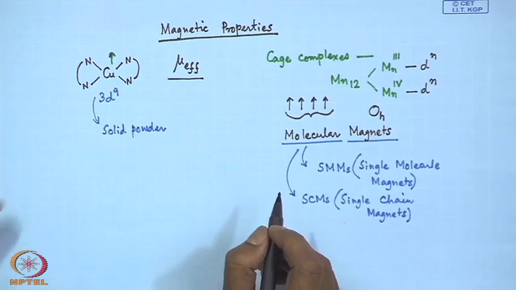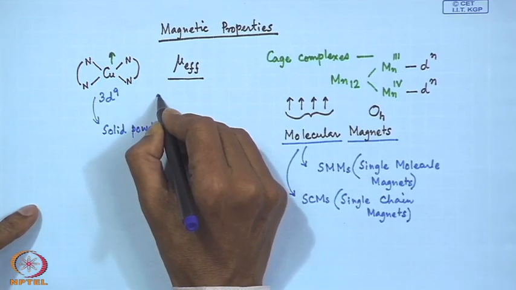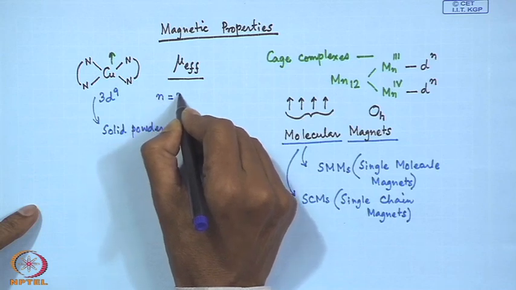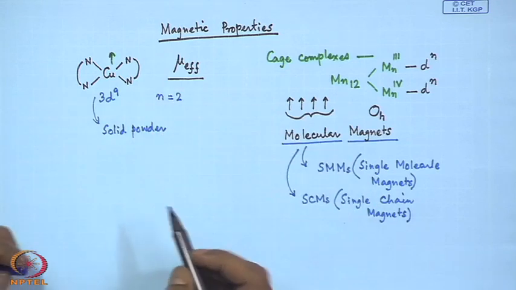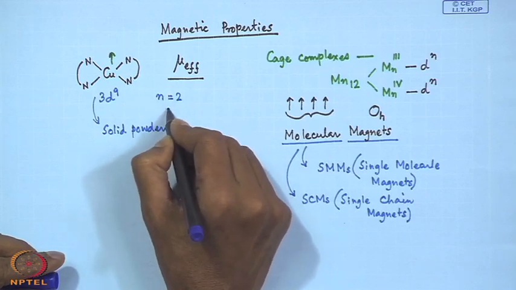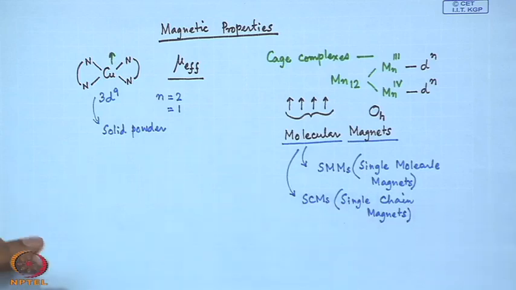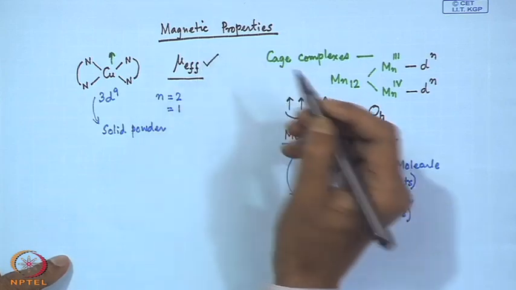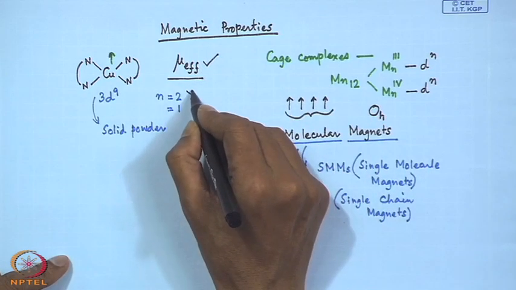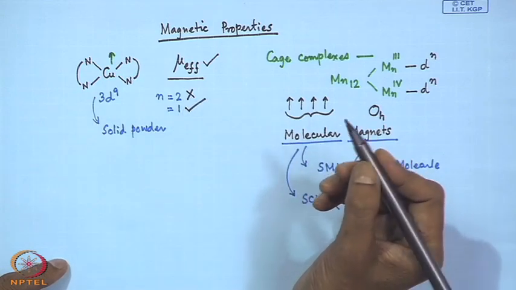So, using the solid powdered compound we can determine the corresponding magnetic moment, where we can get the corresponding paramagnetism, whether this is n equal to 2, n equal to 1 or something else. That means we can determine the number of unpaired electrons nicely through the measurement of these mu effective values. So, it cannot be n equal to 2, it will be n equal to 1.